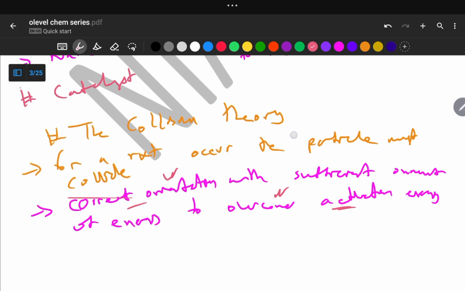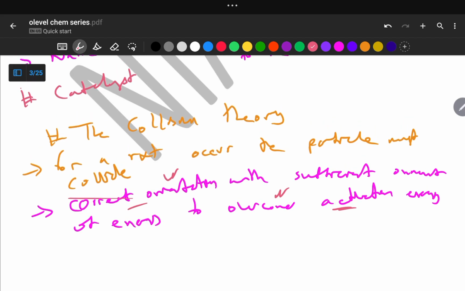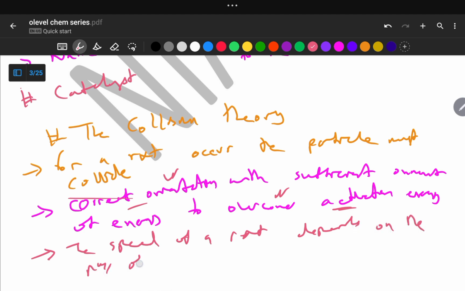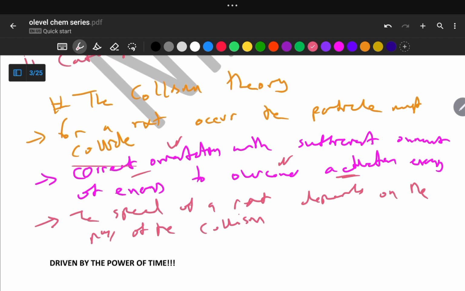So we want to explain the factors affecting the rate of a reaction using a collision theory, right? So the speed of a reaction depends on the number of the collisions, right? So if you are having a larger number of the collisions, you can say that the reaction is going to be faster, right?